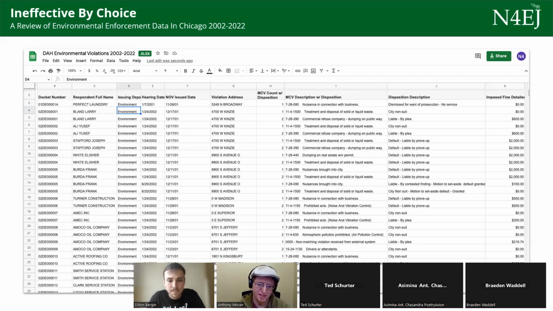Each one of those is a specific violation of a specific part of the municipal code. But they'll usually get bundled up, so you might have two or three that are part of one ticket, one notice of violation number.